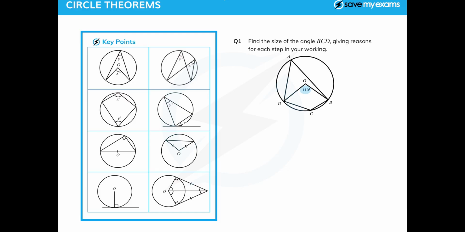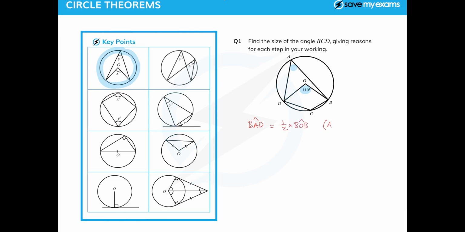So given 110 there, I can find BAD using this circle theorem here. So let's do that. The angle BAD, I'll put the hat on it to show it's an angle, is a half of the angle BOD.